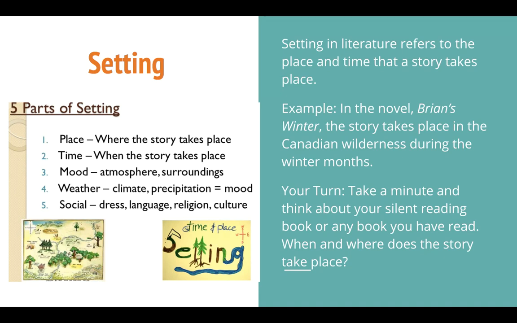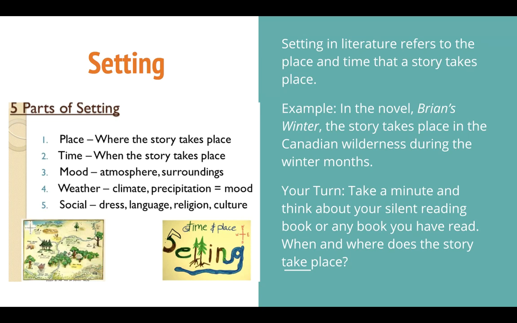Okay, but if we look at the 5 parts of setting on the left, the first thing is the place, and then the second thing is the time. After that, we have mood, which we've already talked about. So that's the atmosphere, the surroundings, or the feelings. How does the story make you feel in regards to the setting? Also, we can focus on the weather. So climate and precipitation, those can all be factors that contribute to the overall mood of the story.